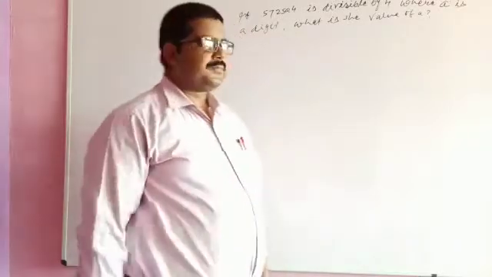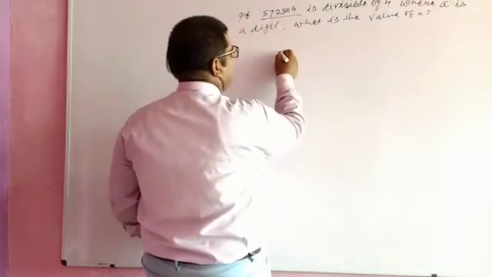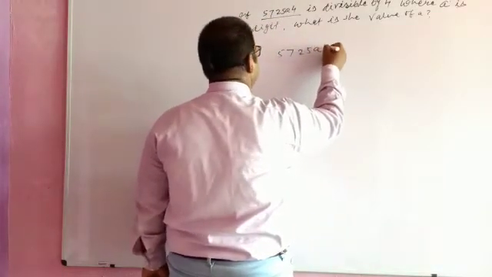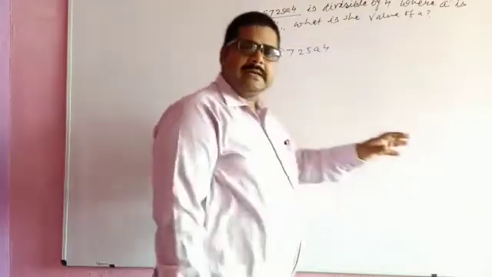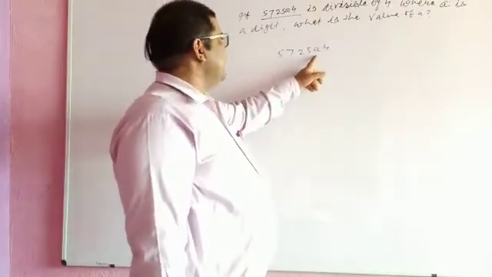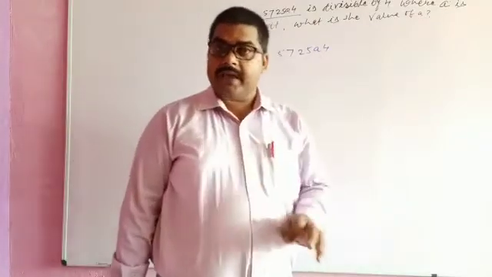My dear students, now the question has been given that a number has been given, 57258. Actually this number has been given and it is given in the question that it is divisible by 4, where a is a digit and you need to write down the value of a.